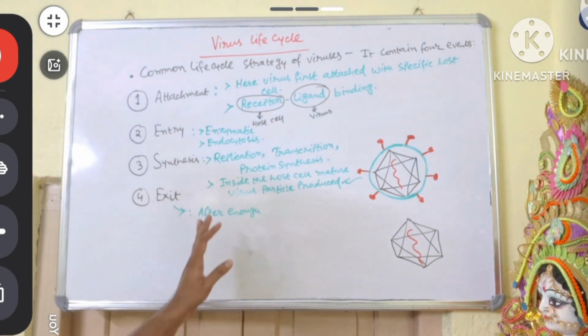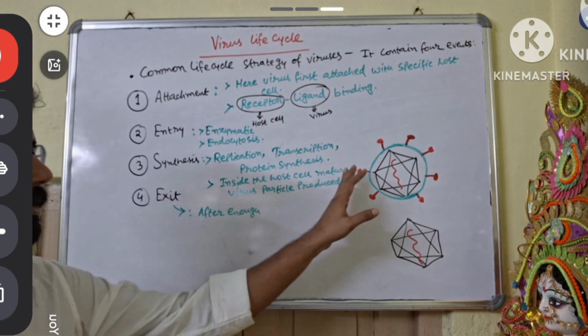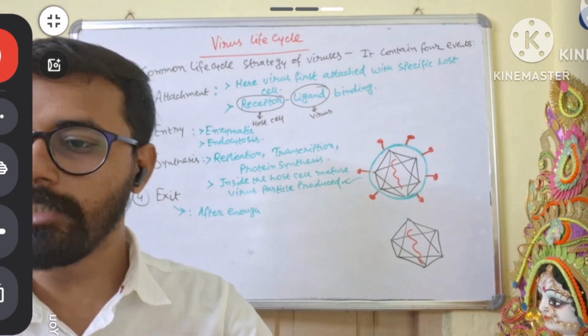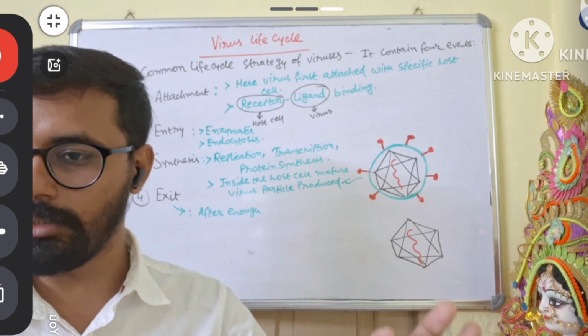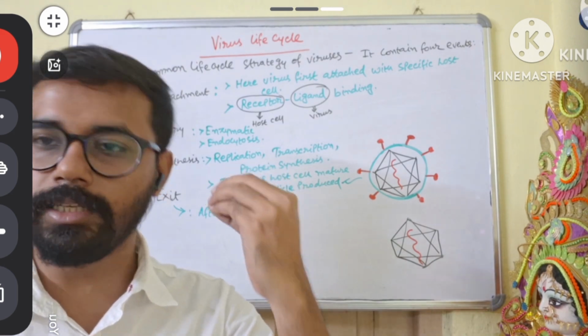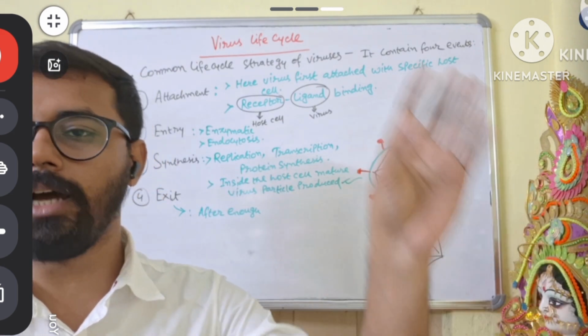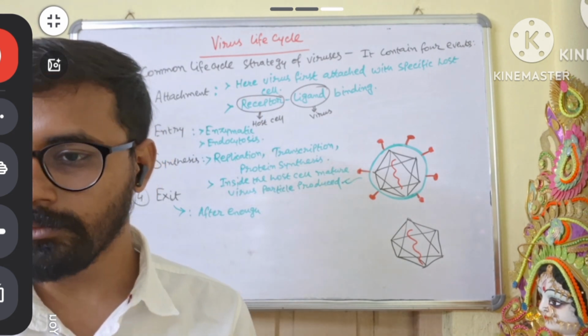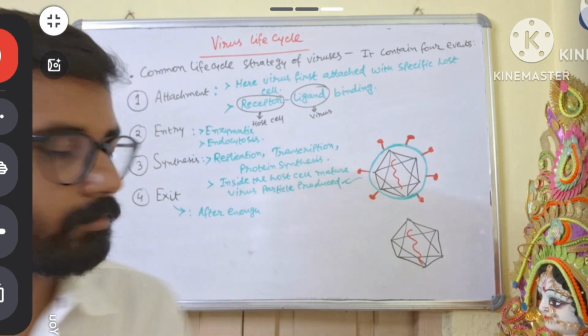After synthesis there is the exit from this host cell, because this host cell is gone. Host cell's proteins are not being made; all of the host cell's own protein production has been shut down and the virus's own is made. So this host cell dies and now they enter into another fresh host cell and capture it. So that's their strategy.